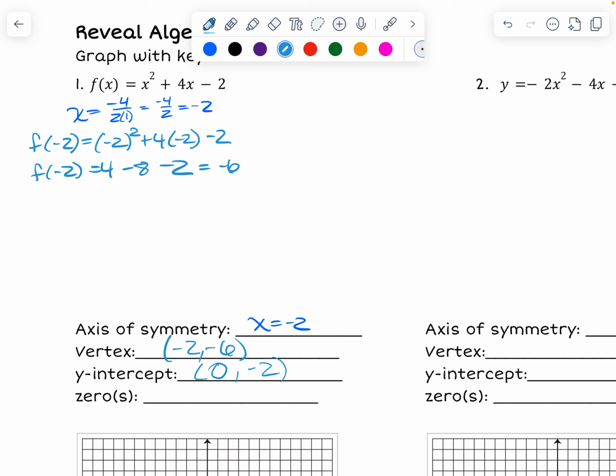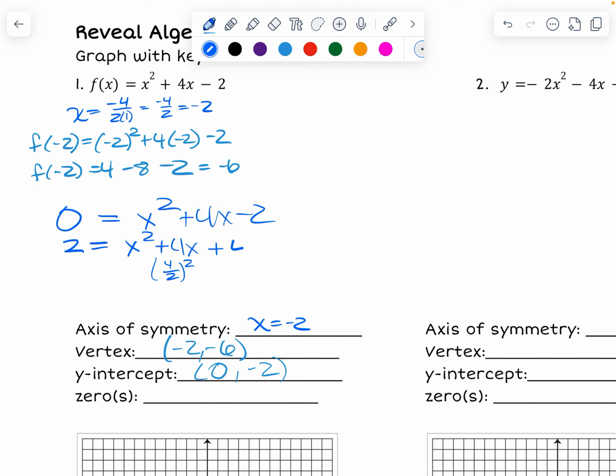So then zeros. So I'm going to plug in 0 here, get x squared plus 4x minus 2. I'm going to do completing the square. So x squared plus 4x, take 4, divide it in half, and square it.